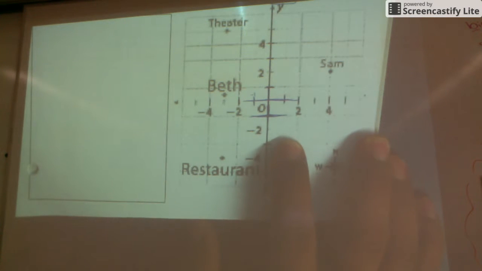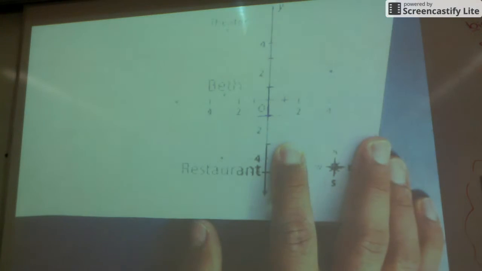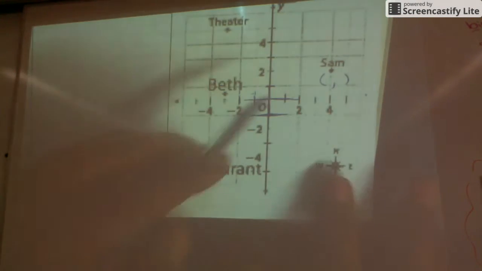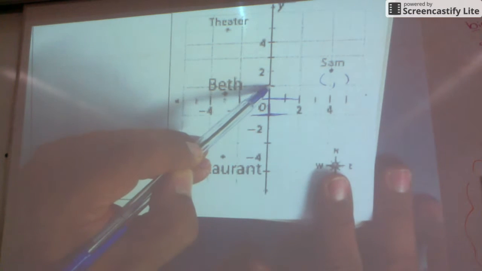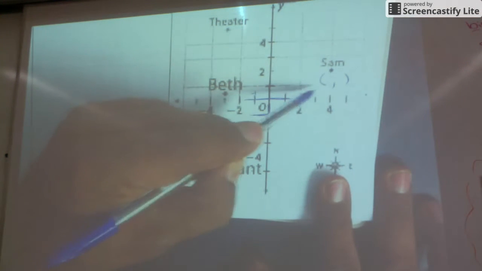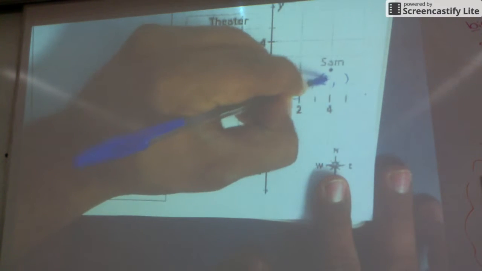To find his ordered pair, I need to figure out what his x is and what his y is. So I'm going to set my ordered pair here. If I look at my x-axis, I need to figure out if it's positive or negative. Sam's in quadrant 1, so he's positive. So it's going to be 1, 2, 3, 4 kilometers on the x-axis.